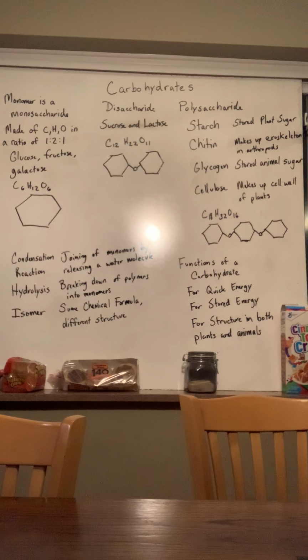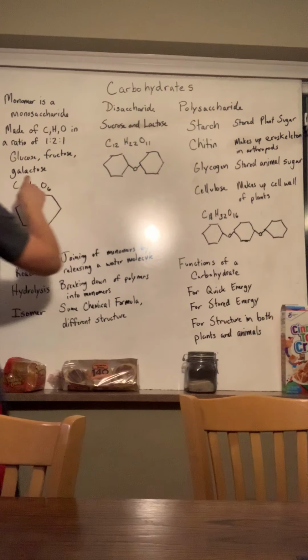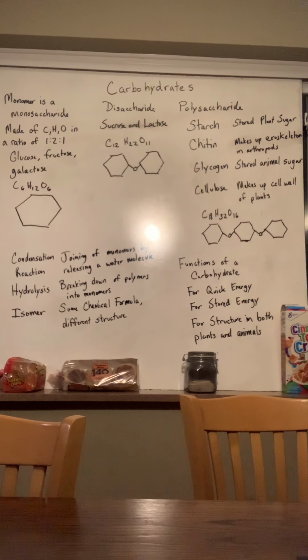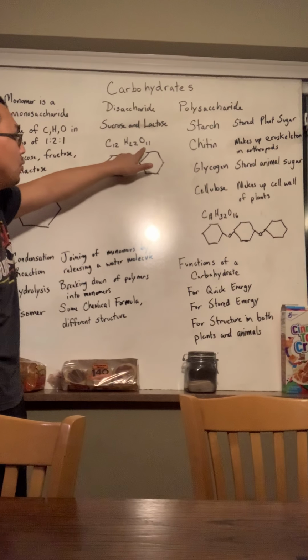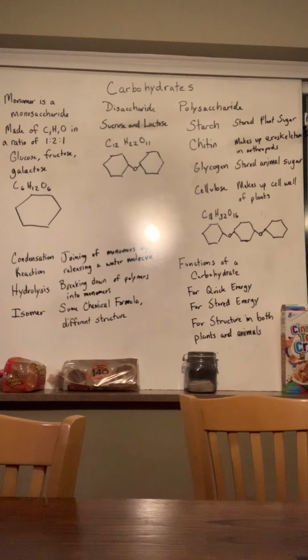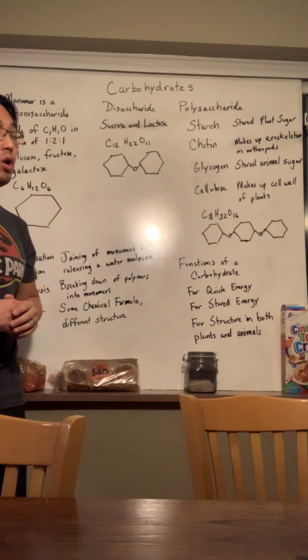And if you notice, the name lactose is in galactose. So it's really easy to be able to determine which one actually goes with which one in terms of your monosaccharides. What you're going to notice next is going to be your chemical formula C12H22O11. What you're going to notice is that it's not a nice ratio of 1 to 2 to 1.